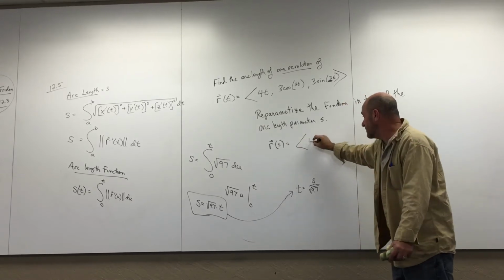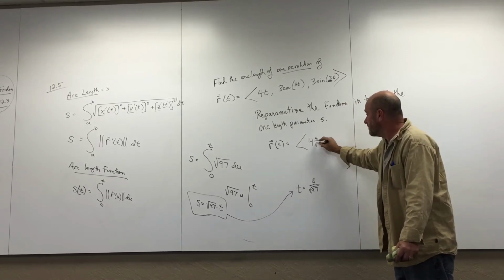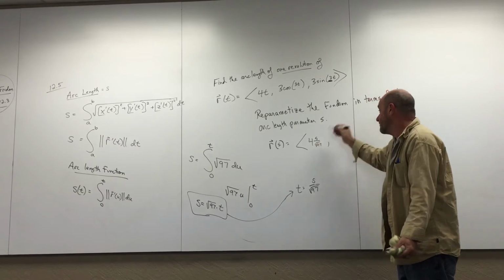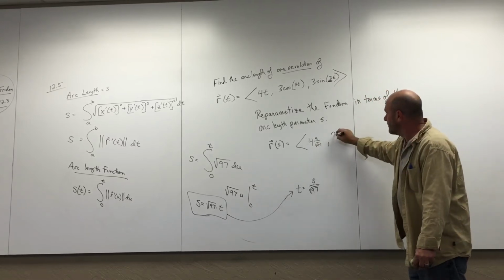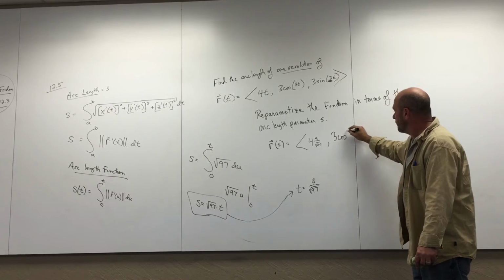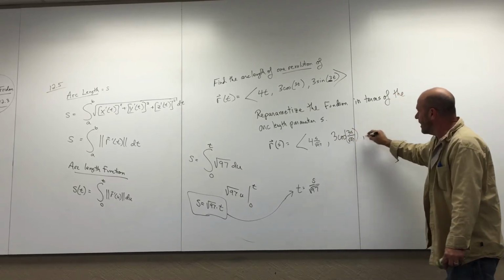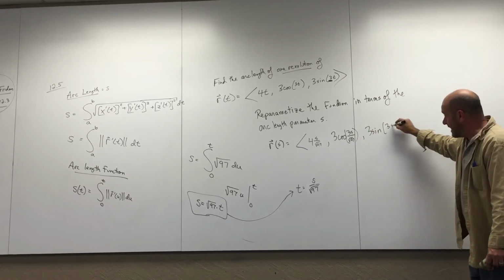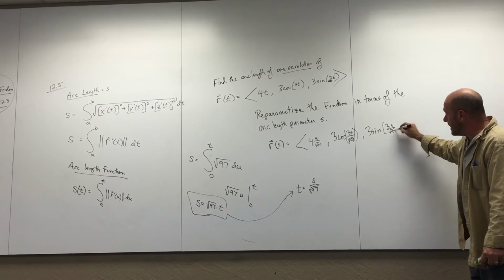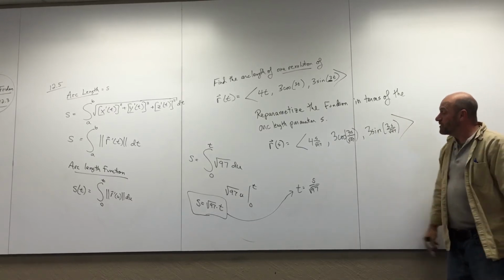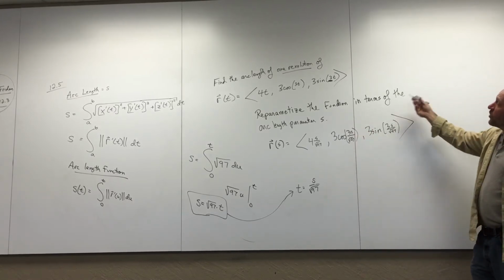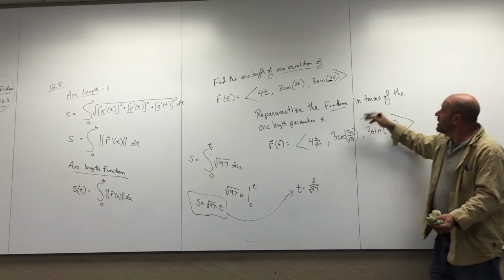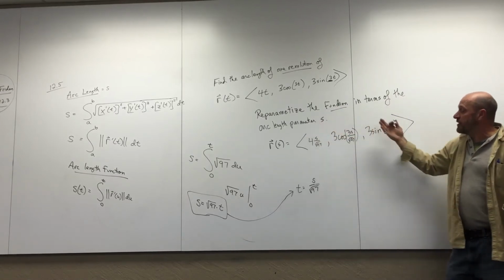And it's this: 3s over the square root of 97, comma, 3 sine of the angle 3s over the square root of 97. Are you guys with me? I've reparameterized the curve, or the function, in terms of its arc length parameter s.